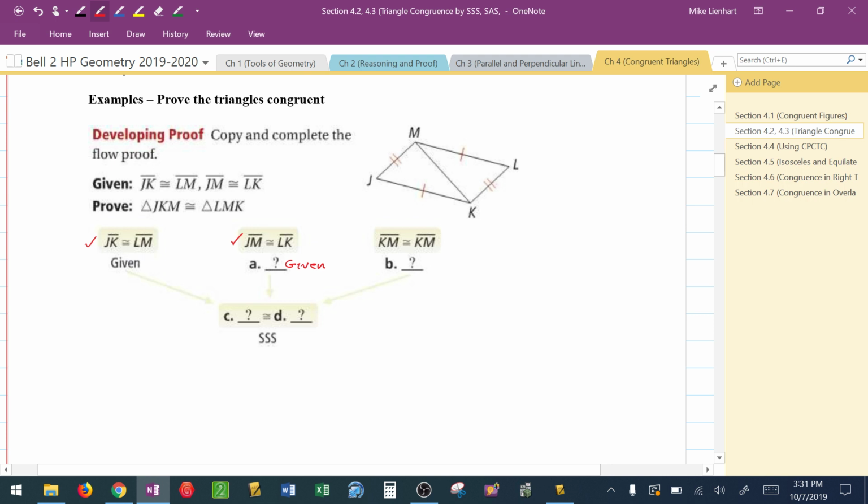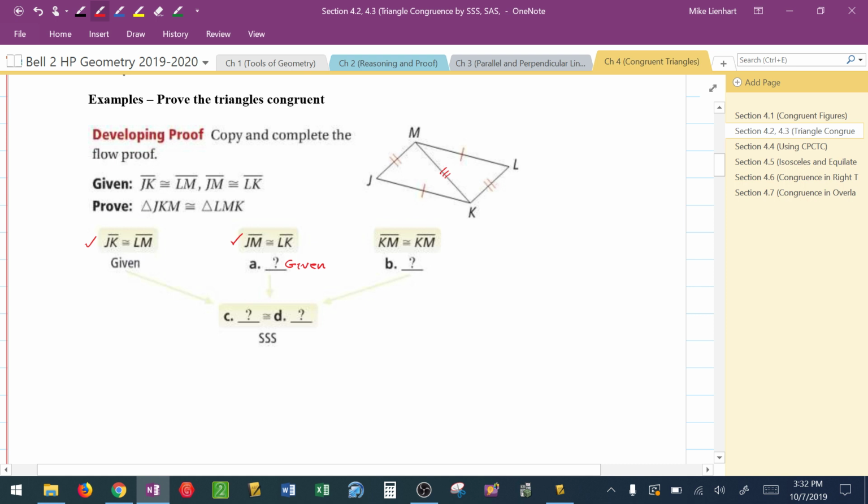I have two options. Option number one, prove that this MK side is congruent, or prove that angle J is congruent to angle L. Now there's nothing in the given and nothing in the picture that would tell me that angle J and angle L are congruent. They say in this flow proof that KM has to be congruent to itself.